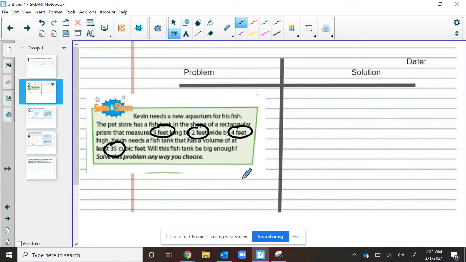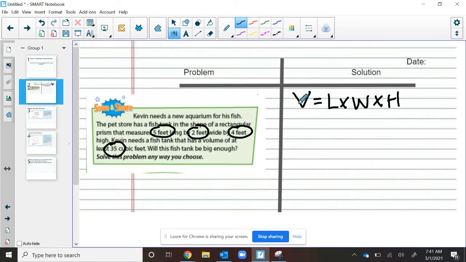Now, whenever we're finding the volume of a rectangular prism, there is a certain formula that we need to use, and this is the formula that we are going to use.